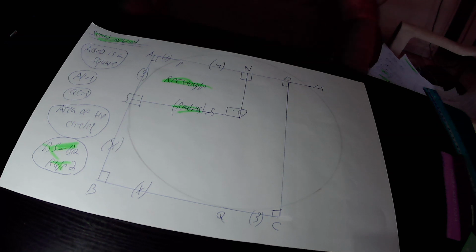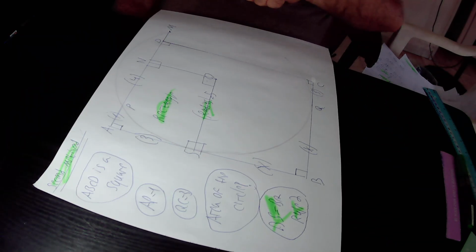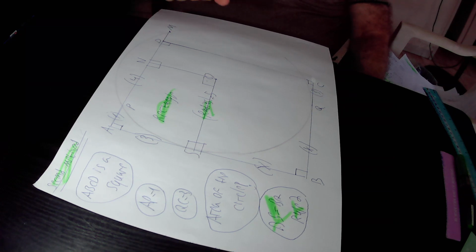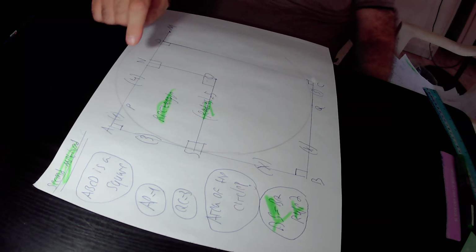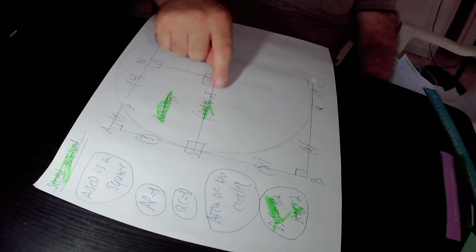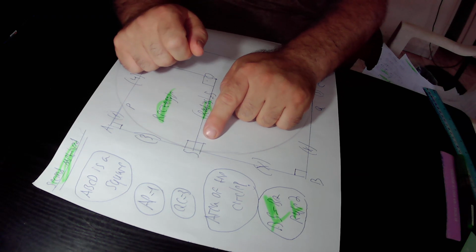OS is the radius of this circle. The radius OS is drawn to point S, that is the point of tangency of tangent AB with this circle. Whenever a radius is drawn to the point of tangency, the tangent AB will be perpendicular to the radius SO. So this angle equals 90 degrees, and this angle also equals 90 degrees according to Rule 1.